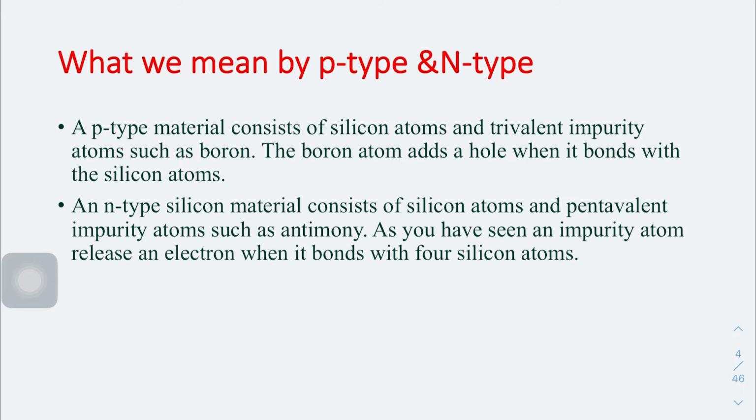The n-type is also a piece of silicon or any pure semiconductor that was doped by impurity atoms such as antimony, and this adds free electrons to the structure of the semiconductor.